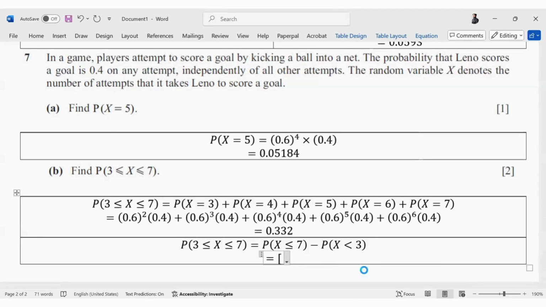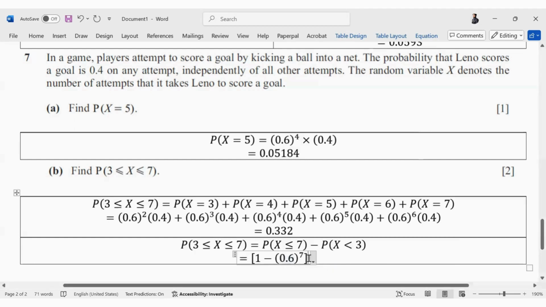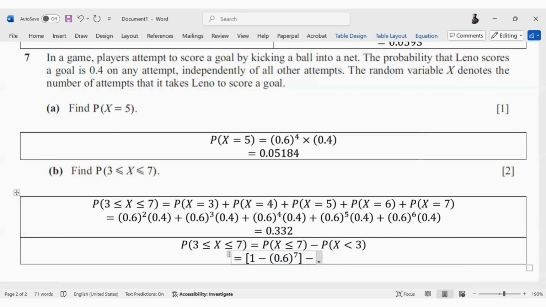So that would mean 1 minus the path of 7 failures, 0.6 to the power 7, not 0.7, failure is 0.6. Minus. Now less than 3 would mean 1 and 2, which means I can either find the success in the first one, 0.4, or 0.6 into 0.4.